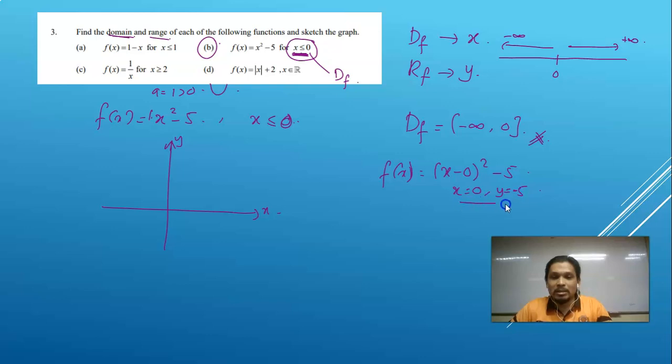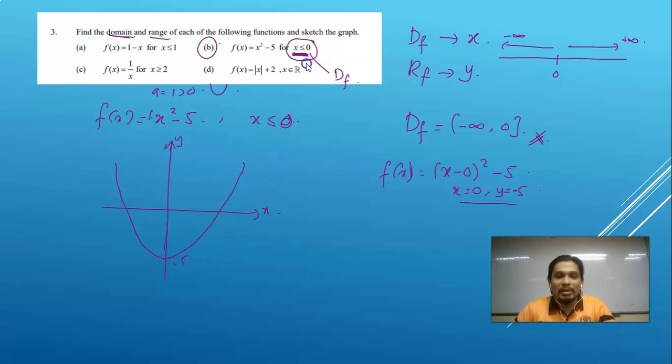This is the minimum point, and at the same time it is part of what we call the symmetry of the graph. Let's say this is negative 5, so the graph will be something like this. It's not very smooth, but it's okay. So this is f(x) equal to x squared minus 5.